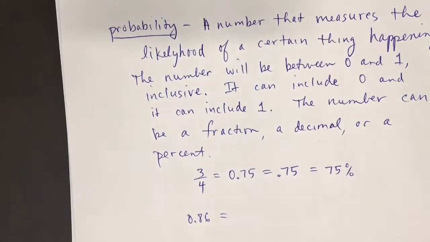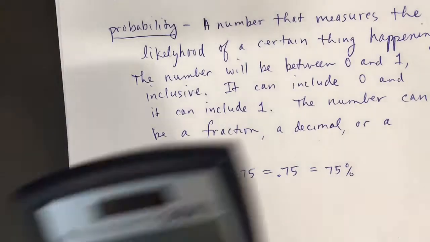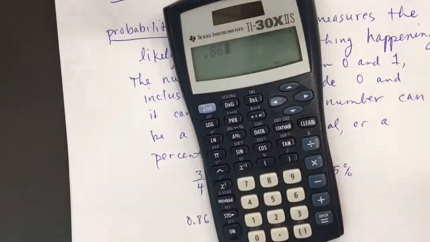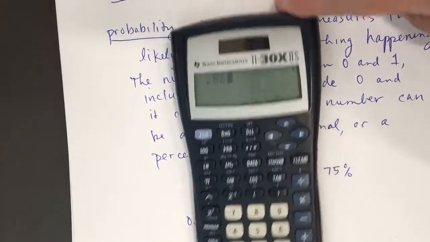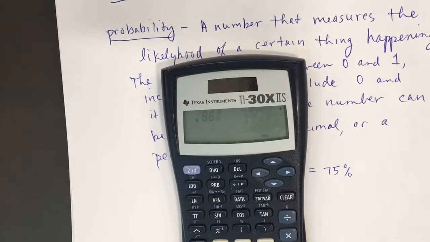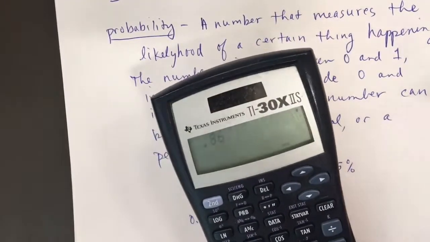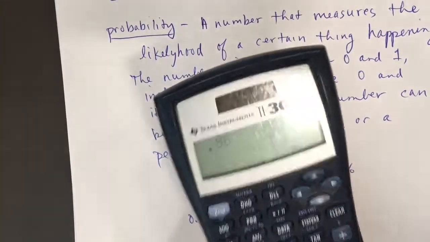Well, what you can do, one thing is you could use your calculator and put in 0.86. And then I can look at it. There is a key that will change a fraction to a decimal and decimal to fraction.